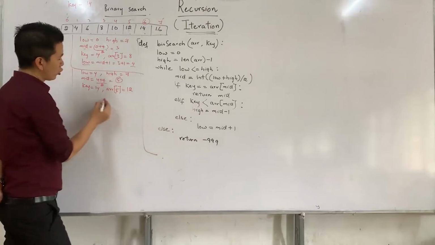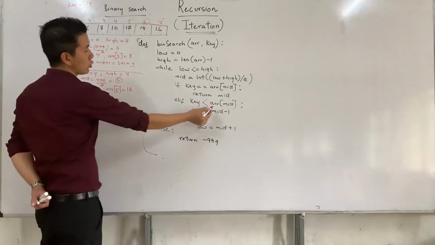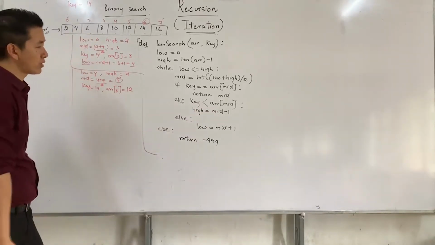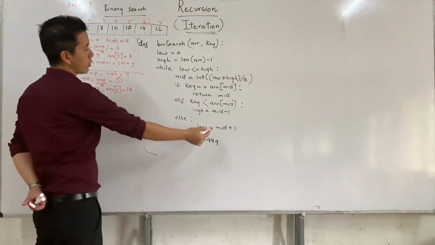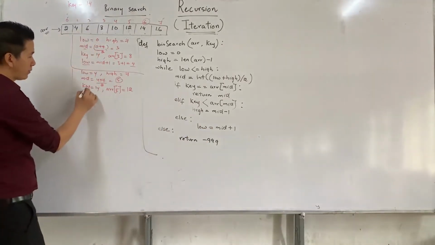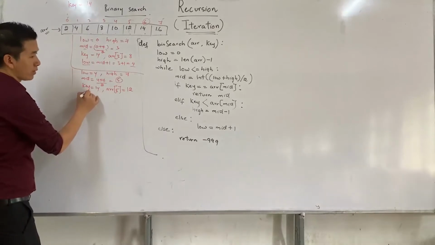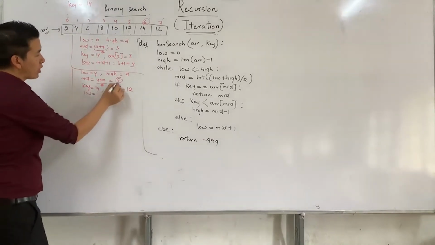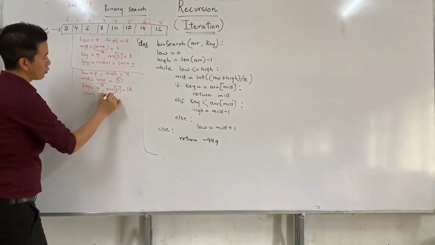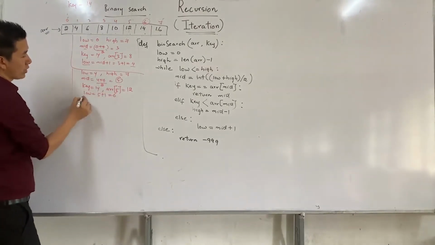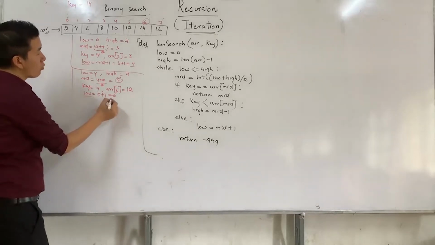What about the second condition? Key 14 is less than 12. The condition is again false. So again, I'll have to execute the final statement, low is equal to mid plus 1. So you have low equal to the value of mid being 5, 5 plus 1 is 6. So the new value of low is now 6.